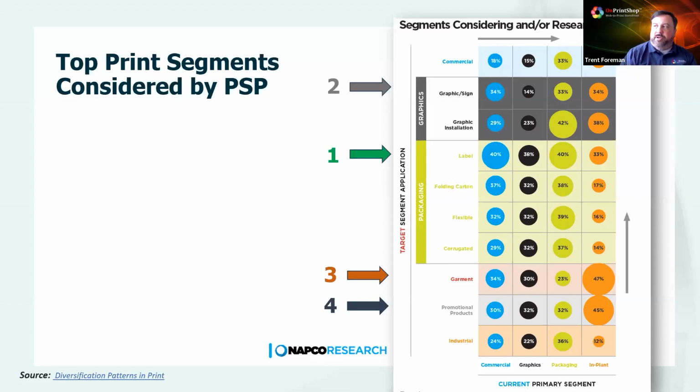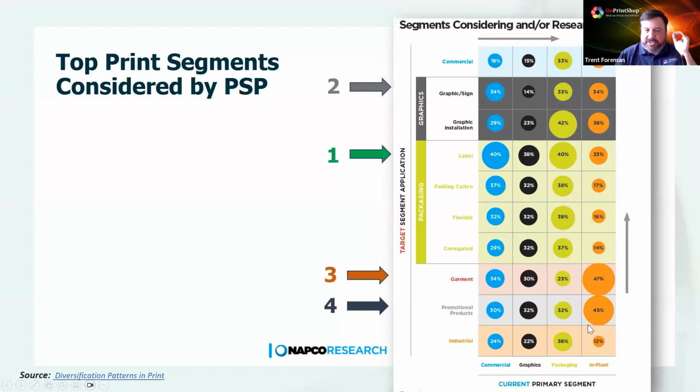But really, if you're looking at the 40+% areas of where people are wanting to expand, and that being in the label area, coming from packaging, getting into more labeling, which is vinyl graphics and things like that. But the garment industry and promotional products, especially in implant.